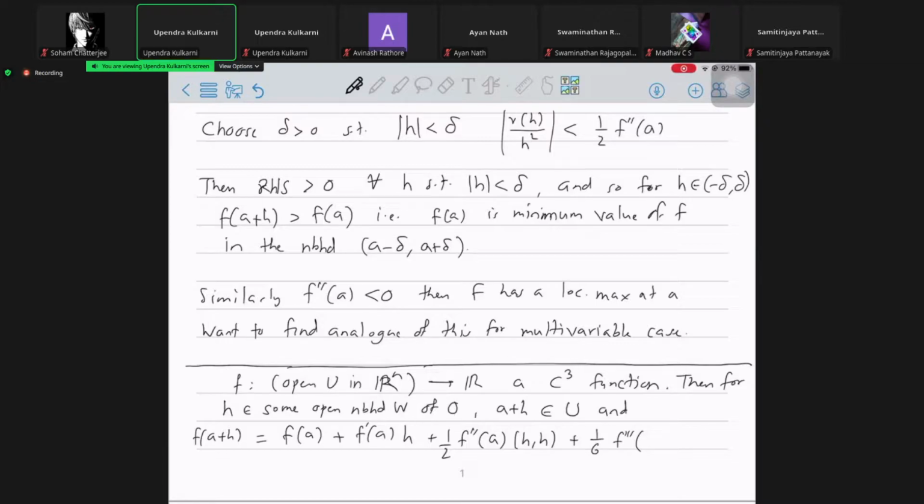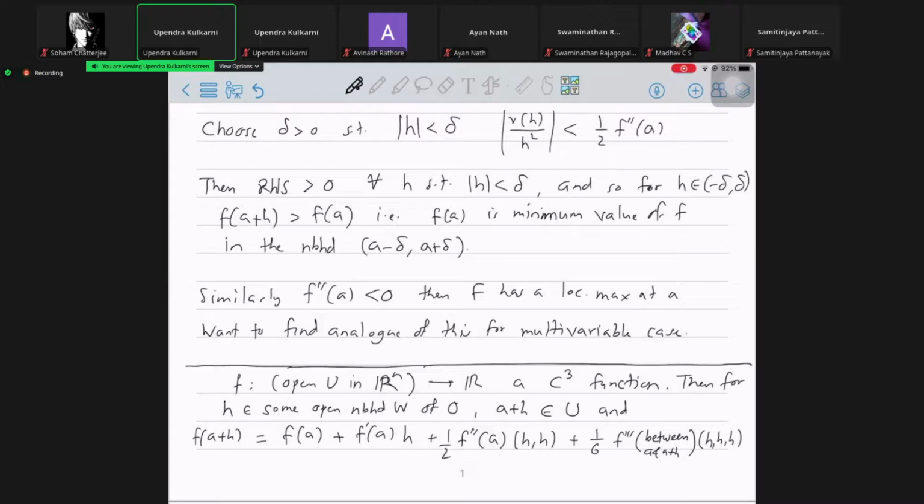So this is going to be something between a and a plus h. Between really means not in the sense of real numbers, but on the line joining the two, and evaluated again at h comma h comma h.